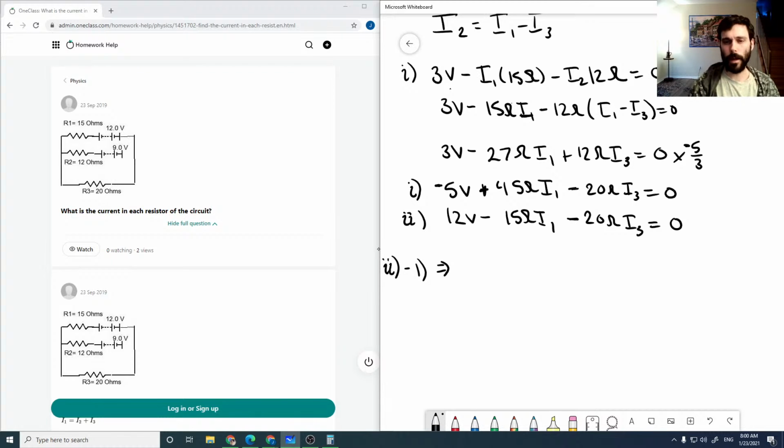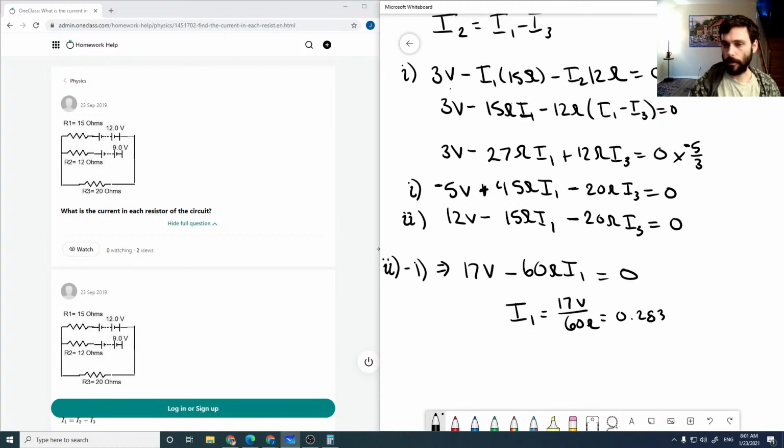And so I'm going to get 12 minus a minus 5, which is plus 17. I'm going to get minus 15 minus a 45, which is minus 60. And then the 20s here will cancel. And so then my I1 is just 17 volts over 60 ohms, which is 0.2833 amps.